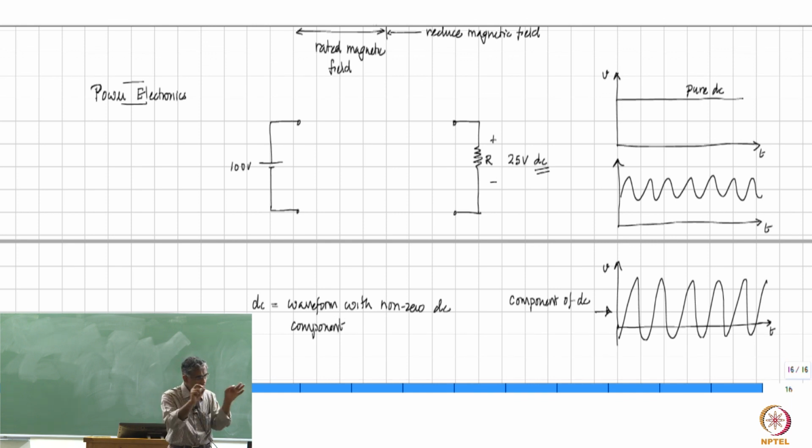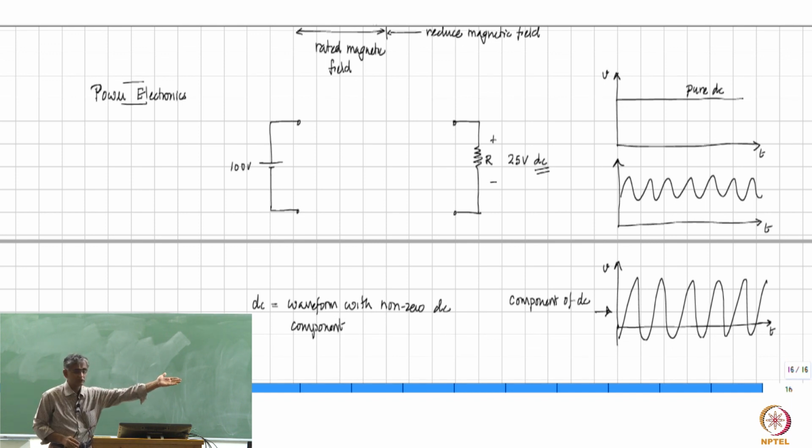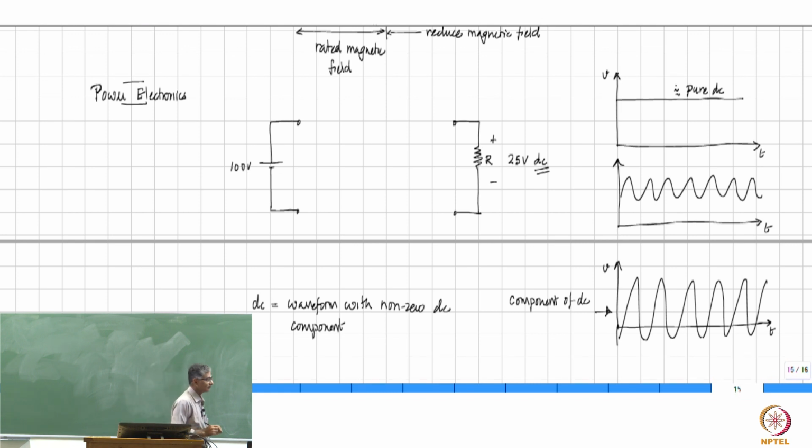That is the kind of allowable band that they will have, right? In such ICs, you cannot allow the huge disturbance that we drew in the last graph. So you require a voltage which is very, very close to pure DC, and that's what you have to live with. You have to generate that kind of high quality DC supply voltage.